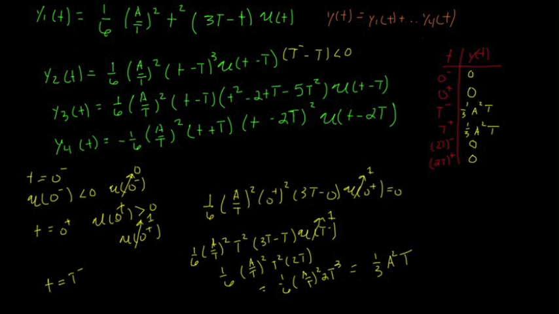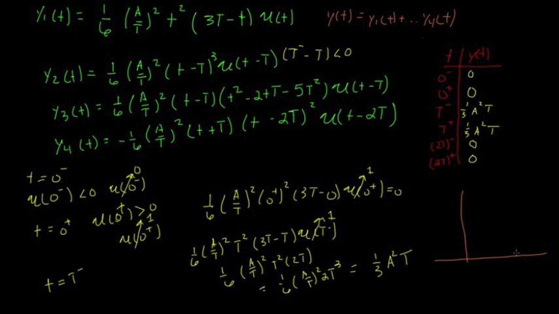So then to actually finally graph this output of the match filter, we would get something that looks like this, and I will put it in a different color. At 0 minus, we have 0, at 0 plus, we have 0.